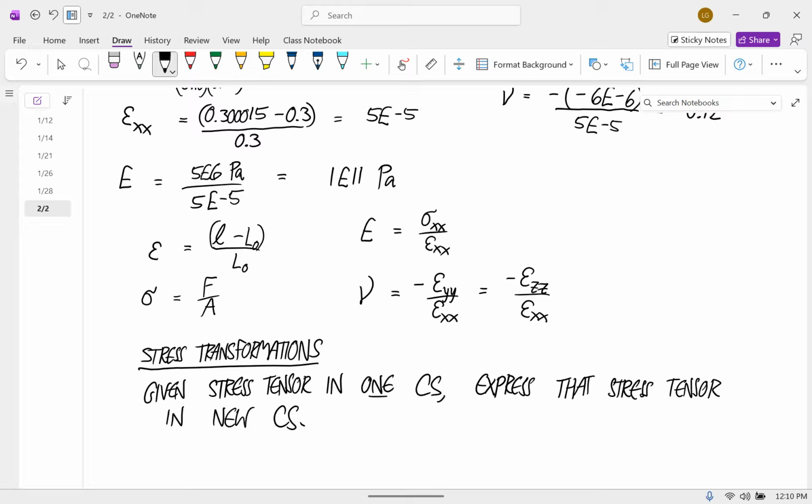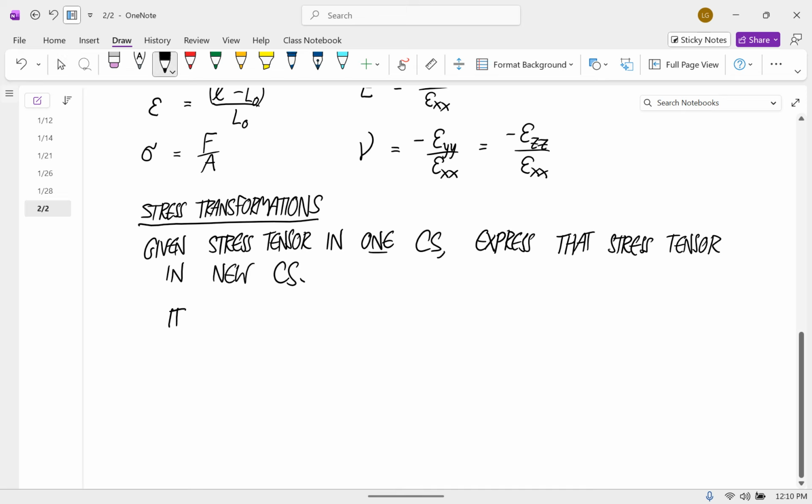And you're used to doing this with vectors. In physics 1, for example, when you did sliding objects on inclined surfaces, you changed the problem into a new coordinate system so that it was easier to do the math. So this is just a matter of doing it for tensors instead of vectors.